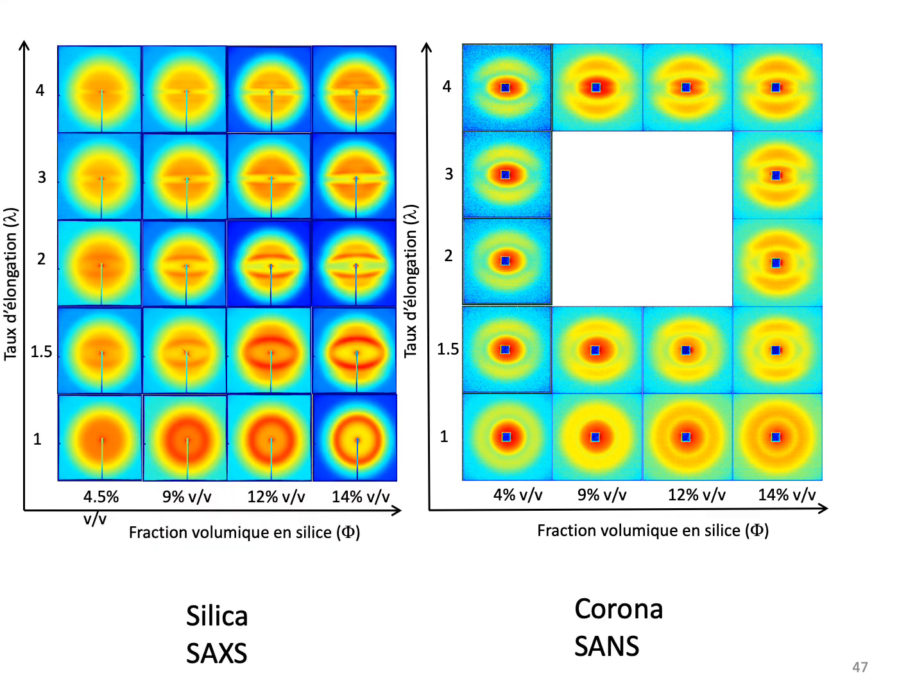The good news is that we can get rid of this inter-corona scattering by doing the same experiment on the same sample using X-ray scattering, because the X-ray radiation is sensitive only to the contrast between the silica and the polymer, whatever it is, the HD polystyrene matrix or the H polystyrene grafted corona.